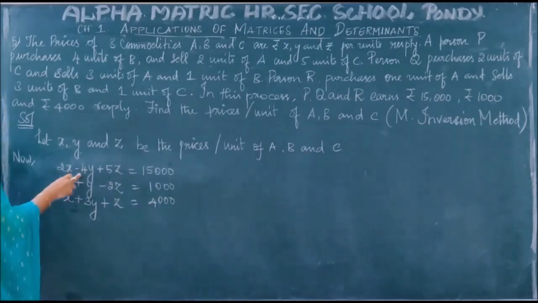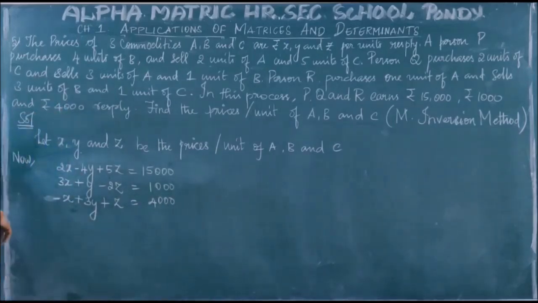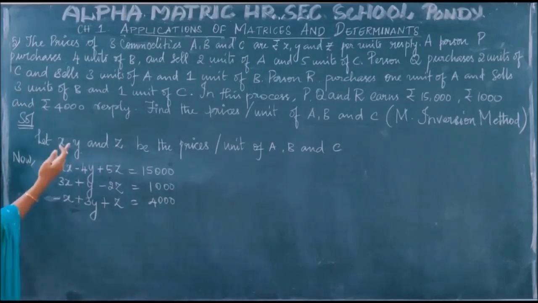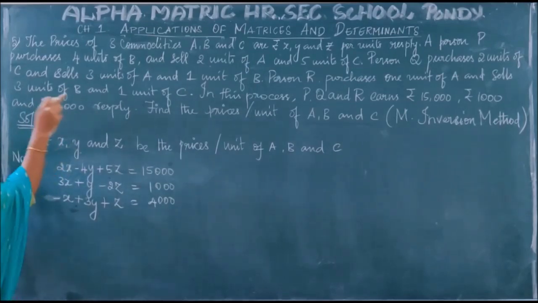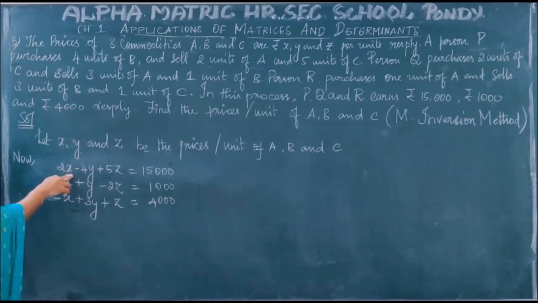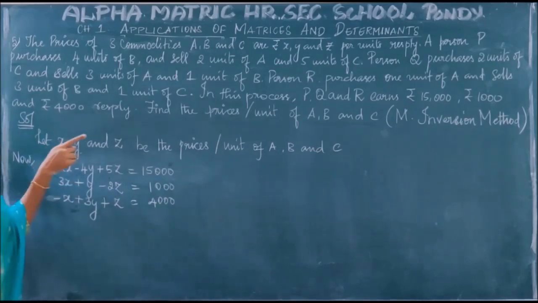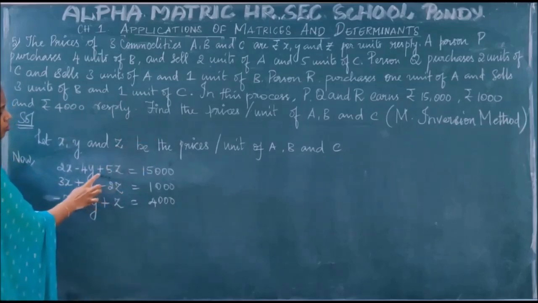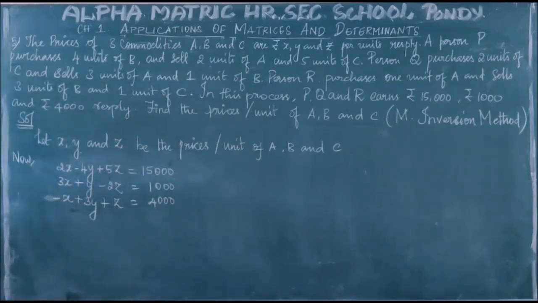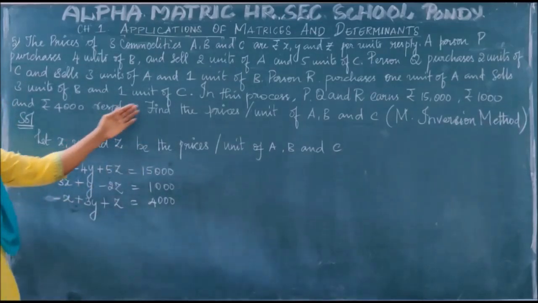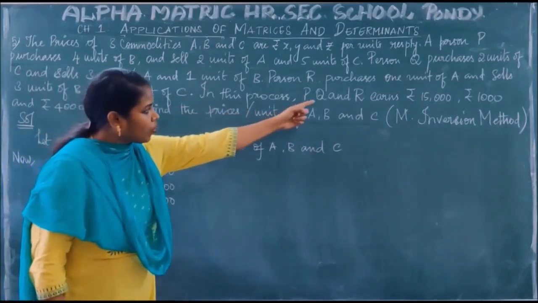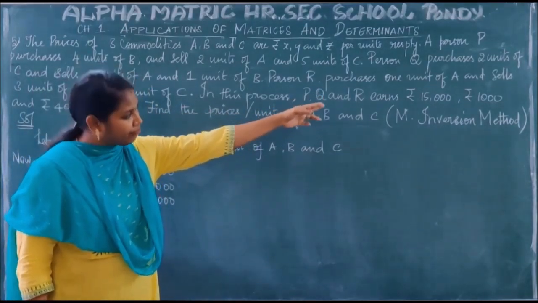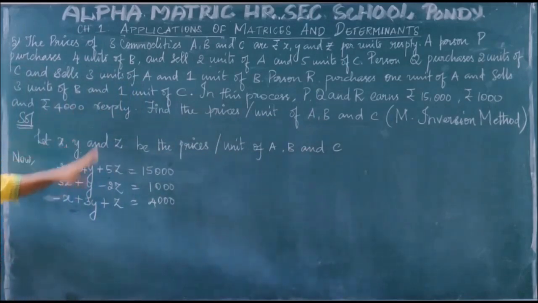So it becomes minus 4y. And he sells 2 units of A. The price of A is x, so it becomes 2x. And the price of C is z, and he sells 5 units, so it becomes 5z. Similarly, you see here P, Q and R earn rupees 15,000, 1,000 and 4,000.